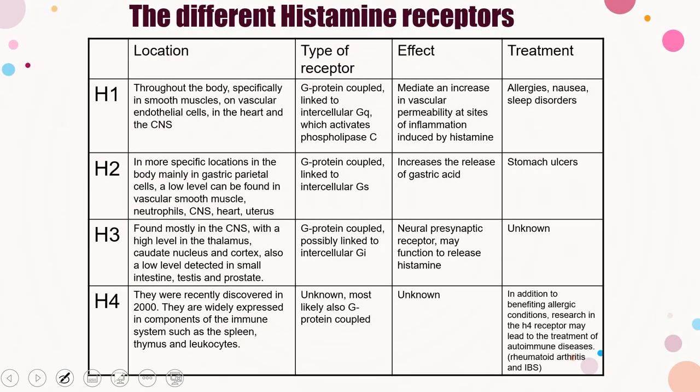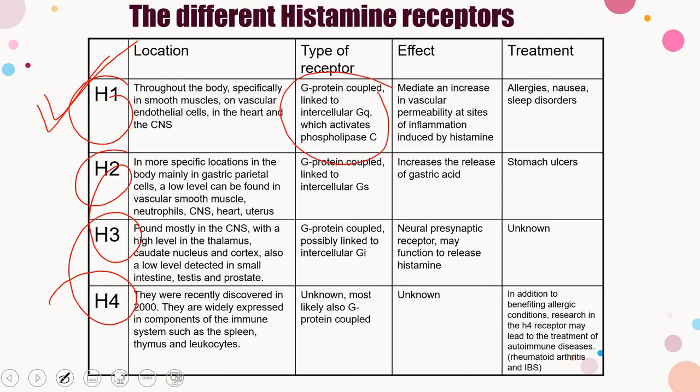Your physiology teachers have told you the receptors are H1, H2, H3, and H4. But primarily we are focusing on H1 receptors, which are coupled with G protein and activate phospholipase C, with subsequent release of calcium.